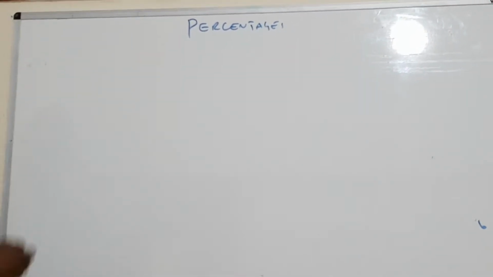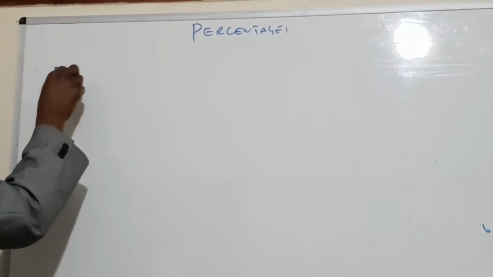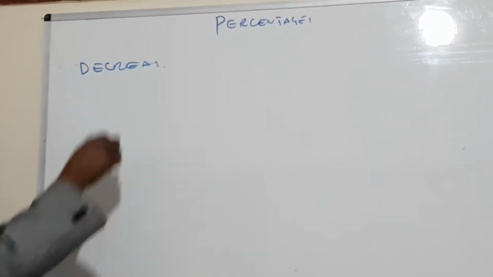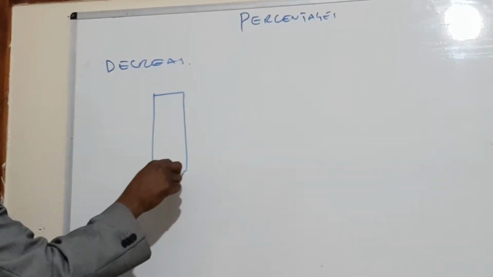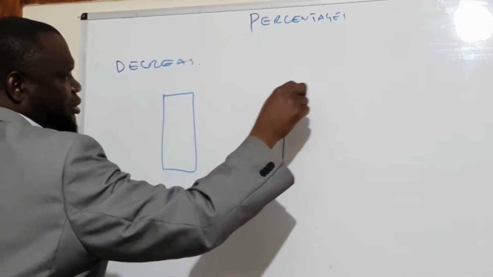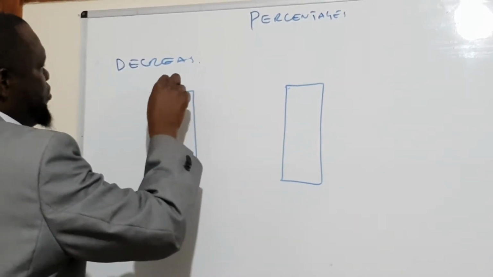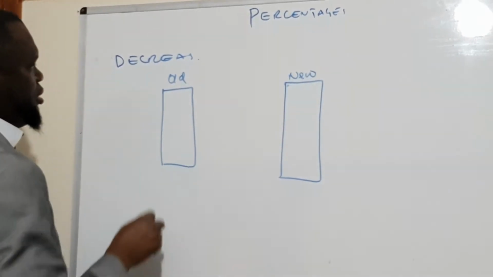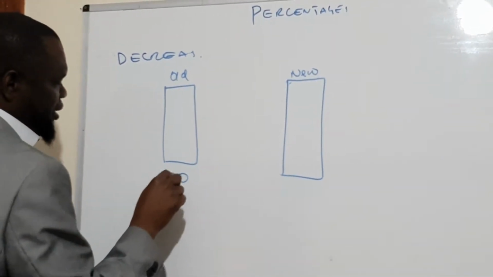Now look at percentage decrease, yeah, or discount. Now this is a different scenario. This is the old price and the new price, yes? So the old price we assume is 100.